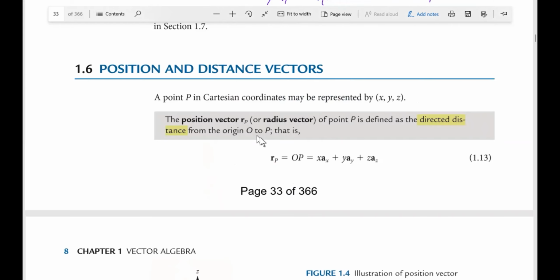The position vector, which is also called the radius vector of point P, is defined as the directed distance from origin O to P. To find this position vector OP, you take point P, with X, Y, and Z, minus the origin O, which is 0, 0, and 0. That allows you to get the position vector.